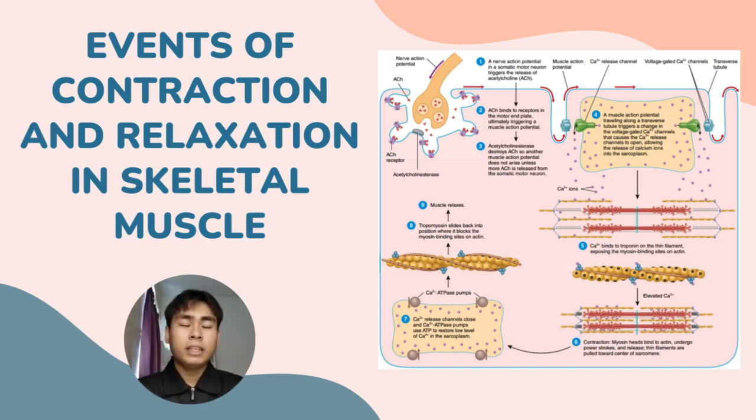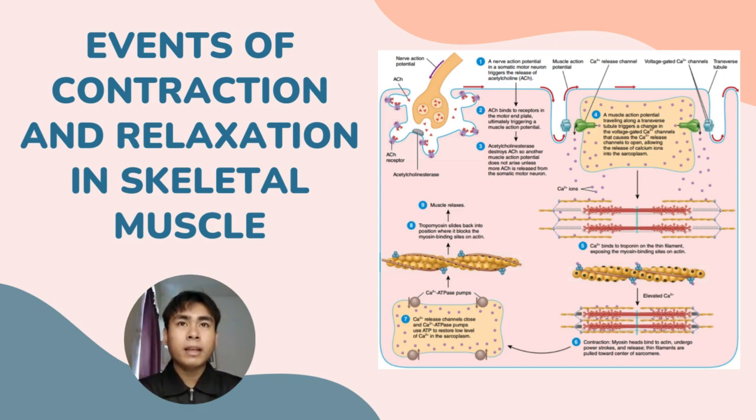As you can see in the image here, this is the summarization of the events of contraction and relaxation. First, the nerve cells give the nerve action potential that triggers the release of ACh, also known as acetylcholine. This ACh will bind to the ACh receptors in the muscle to trigger the muscle action potential.